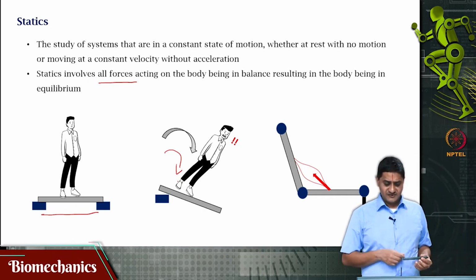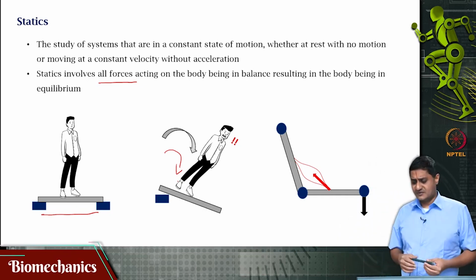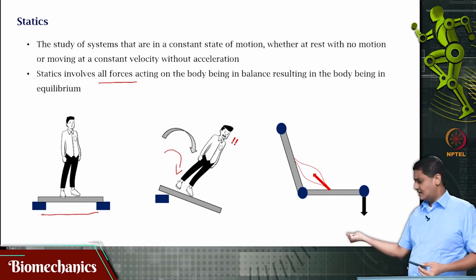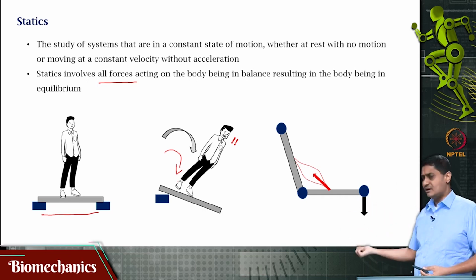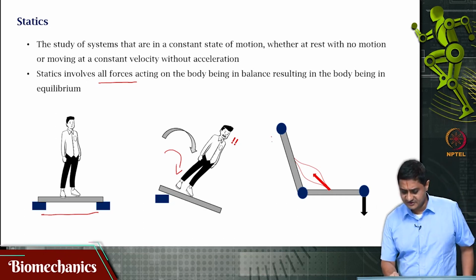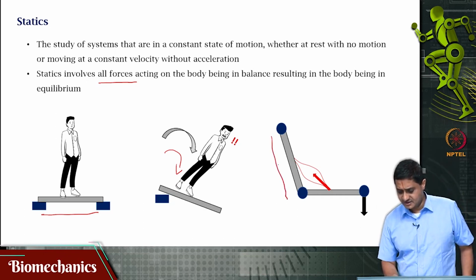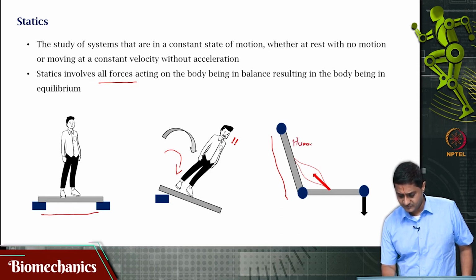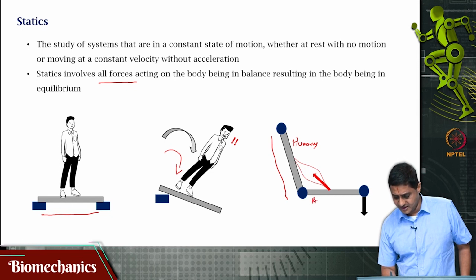Consider the other case where I am having a weight in my palm, in my hand, and I am making that movement, right. That is the movement that is being described here. You can consider this to be the humerus, for example, and this to be the radius ulna, for example.